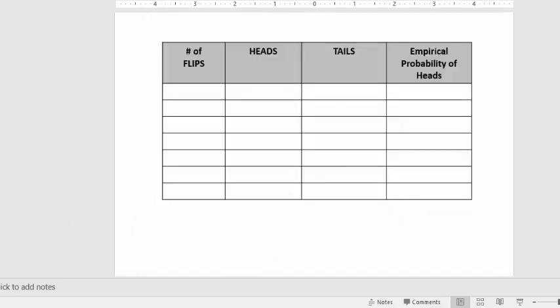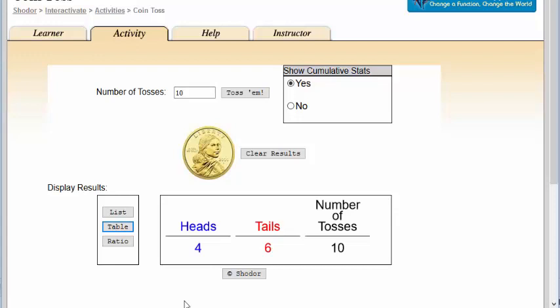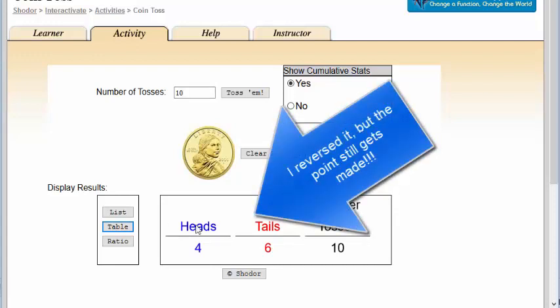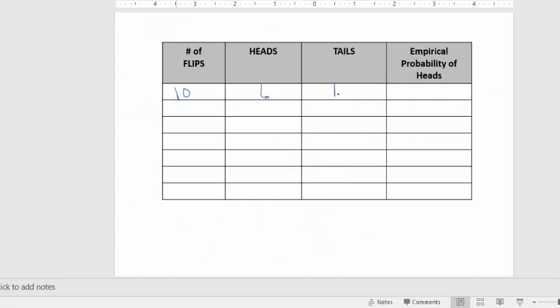And we can actually do this. We have a little website that simulates this for us. So let's say I only toss the coin 10 times. So I got 6 heads and 4 tails. So when I did 10 flips, 6 heads, 4 tails. So the empirical probability of heads was 60%. But now let's say I do 20 flips.